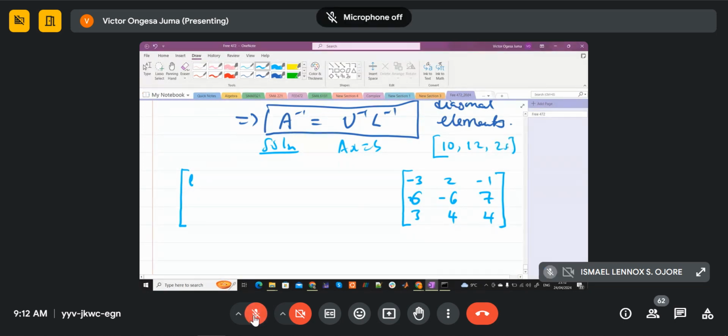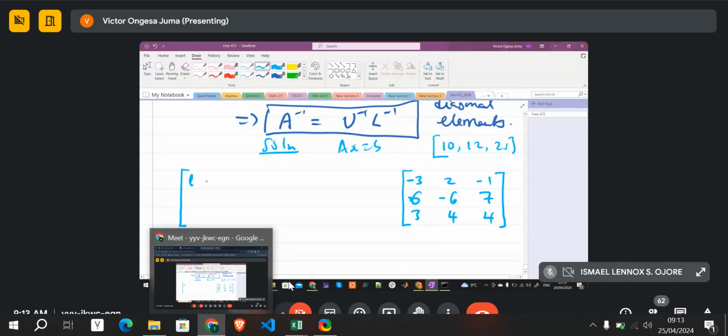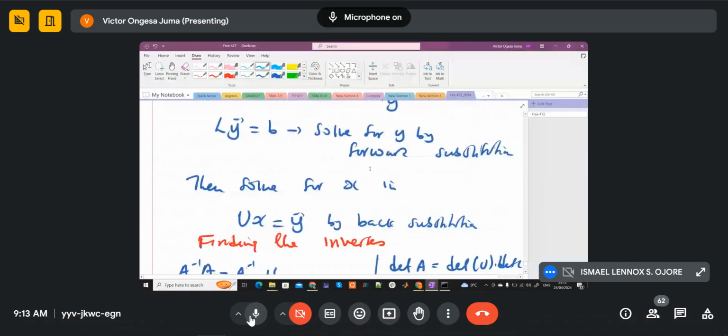If you get crazy ones, we might get crazy solutions. But basically, we can fix any of the rows. In this example, I fixed the lower triangular.